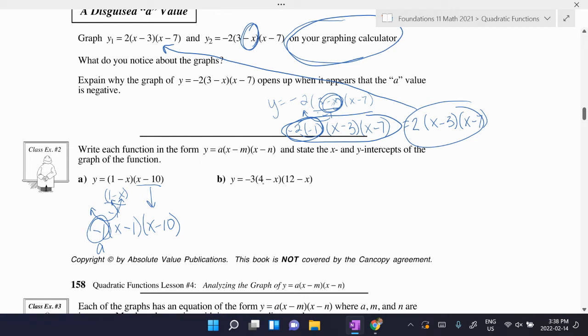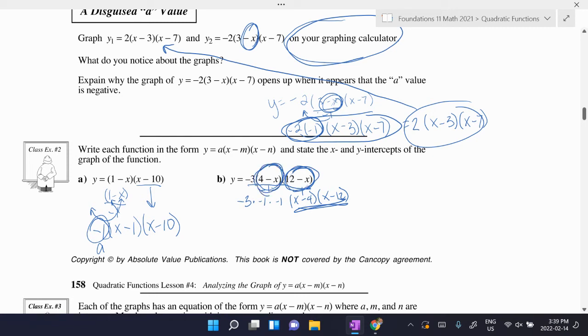Okay, so let's look at this one. Which one's not in the right form? This one's fine. Oh, is it? No, it's not. Neither is this one. So now I have negative 3. I want to divide negative 1 out of this and out of this. So I'm going to multiply it by negative 1. I'm going to bring this one out, and I'm also going to bring this one out. So multiply that by negative 1. I'm going to have x minus 4 times x minus 12. Now, if you don't know where I got this from, I've divided negative 1 out of the first and the second brackets.